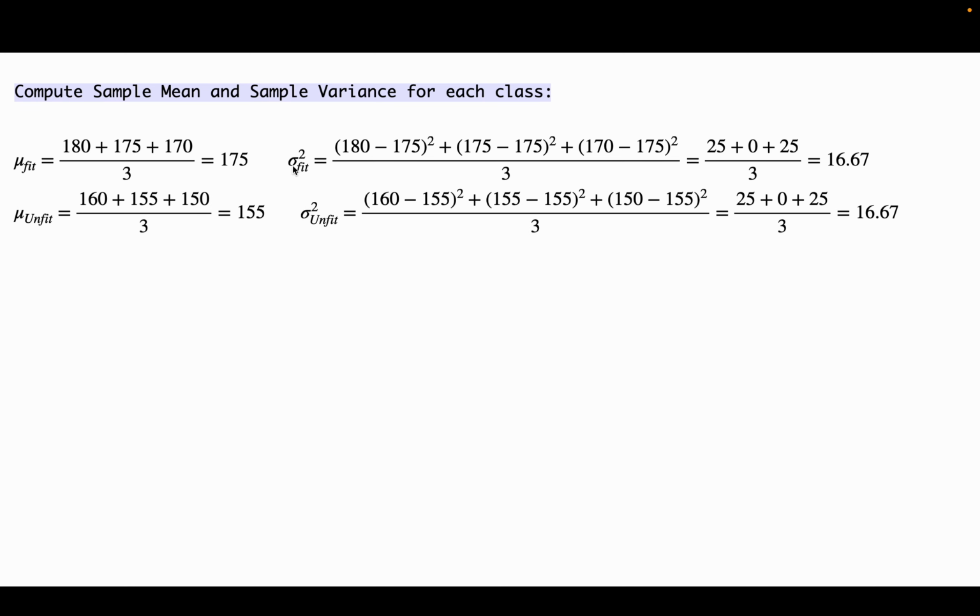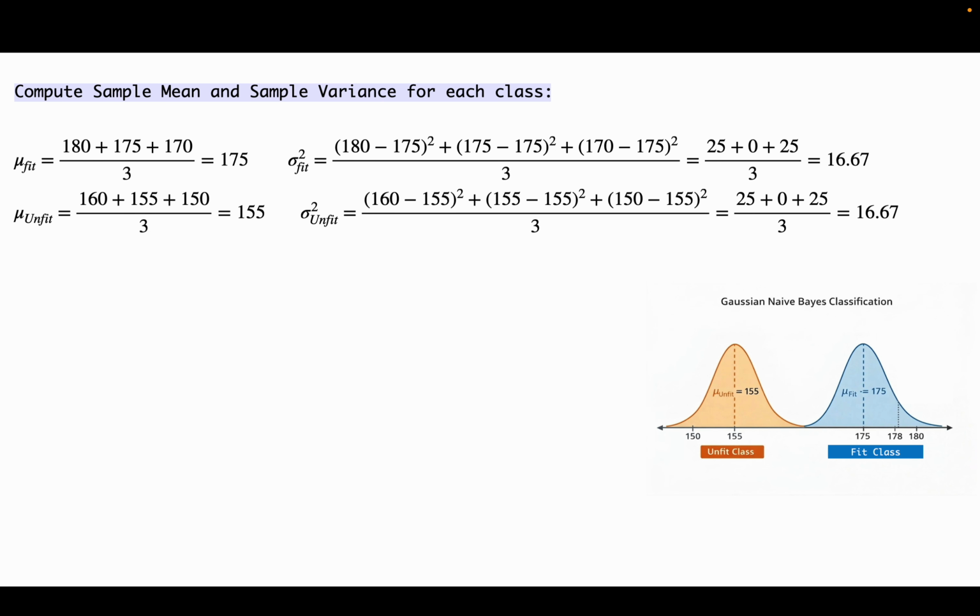Once we know both these parameters, we almost know the distributions completely, since Gaussian distributions can be characterized by these two parameters. Our goal is to find out for some unknown value, such as 178 centimeters, whether it belongs to class fit or class unfit.